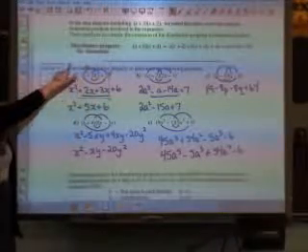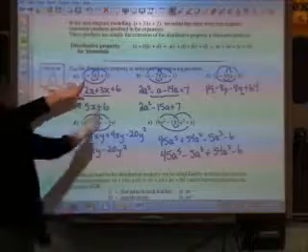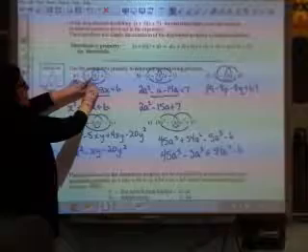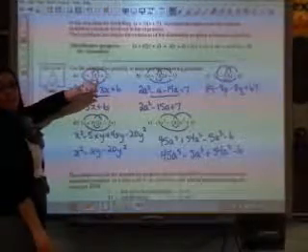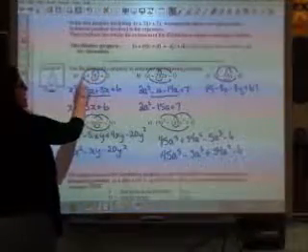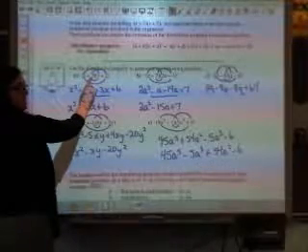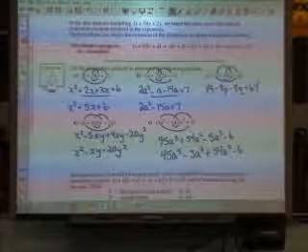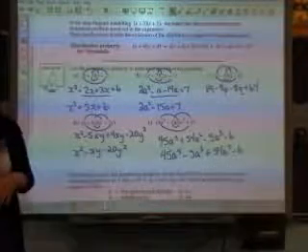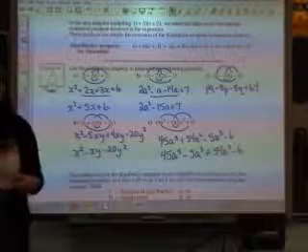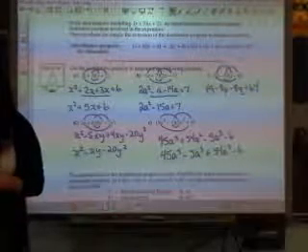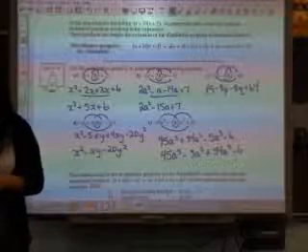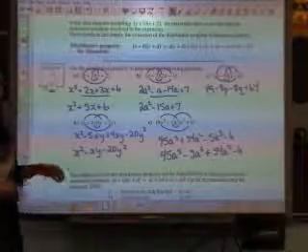The O is for outside terms, I is for inside, and the L is for last, so the last times the last. I can think of the acronym FOIL to help me use the distributive property, although FOIL doesn't work if I have anything more than two terms. If I have to multiply a binomial by a trinomial, FOIL's not going to work. FOIL works when I'm multiplying two binomials.